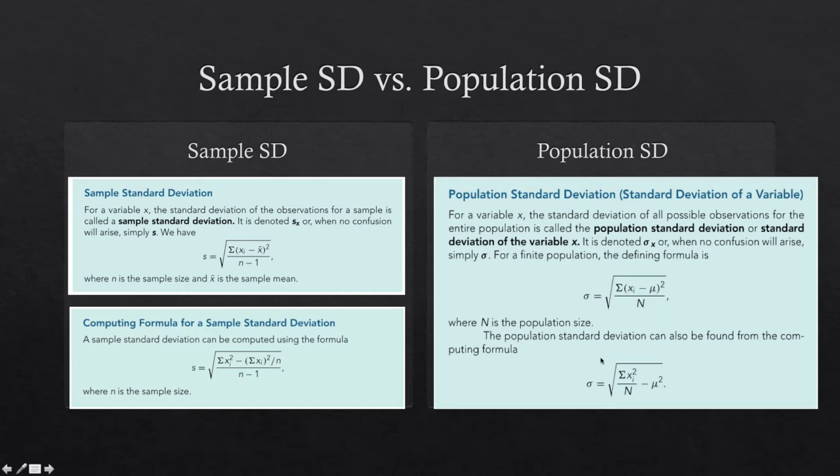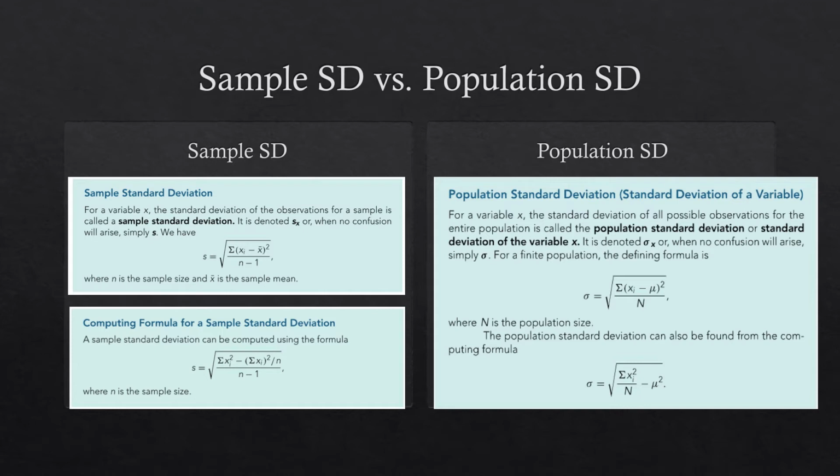Notice we have replaced, down here in the computing formula and in the defining formula, our x bar with mu. We have replaced little n with big N in these situations. Okay, and we have a different variable here that represents standard deviation.